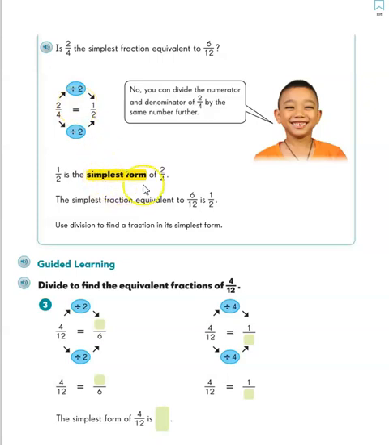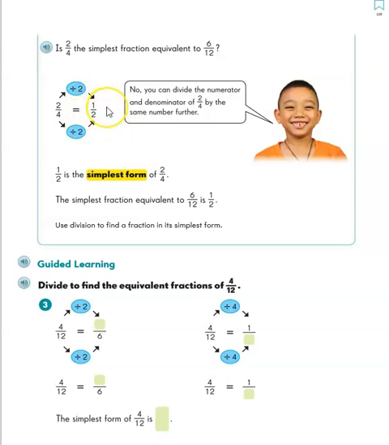We know that 2 can go into 2, of course. And we know that 2 can also go into 4. So if we were to divide 2 by 2, that would give us 1. And then 4 divided by 2 would give us 2. Okay, so that leaves us with a fraction 1/2.